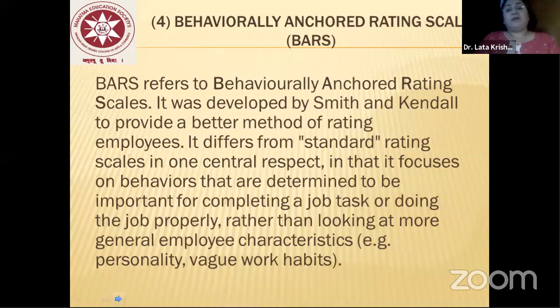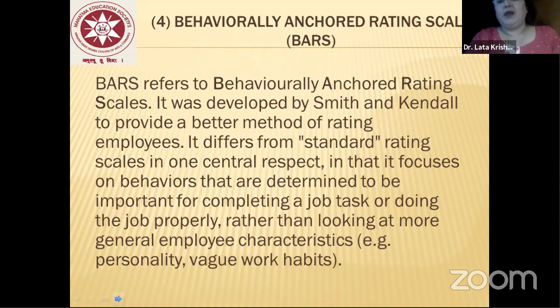And then they could have a vertical scale which gives the degree of proficiency in each of these attributes. So you could give a scale of 1 to 5, 1 being the highest and 5 being the least. So 3 could be satisfactory, 2 could be very good, 1 could be excellent, 4 could be poor, and 5 could be extremely poor.